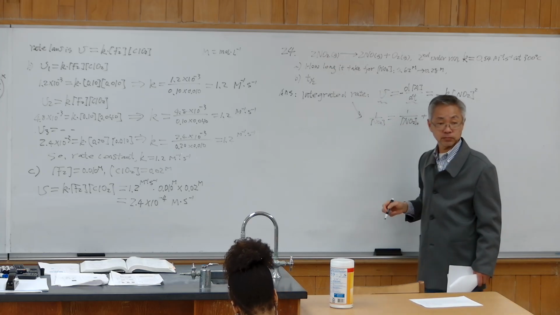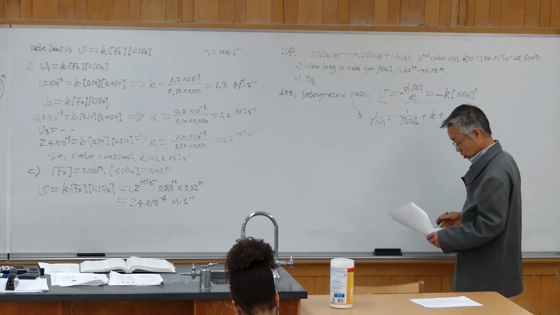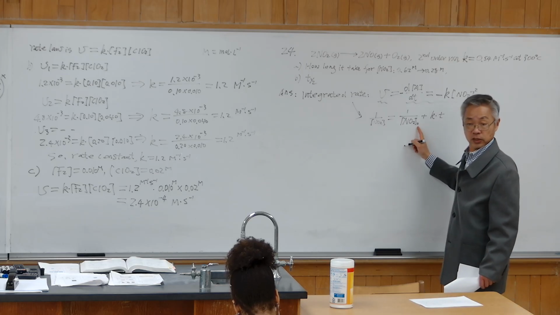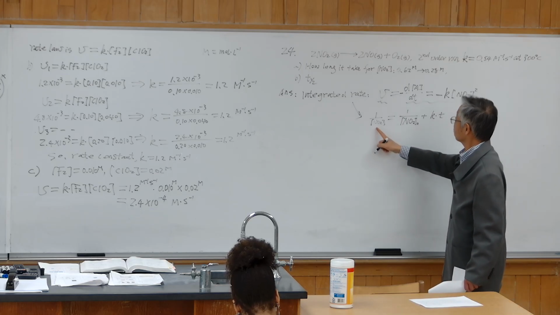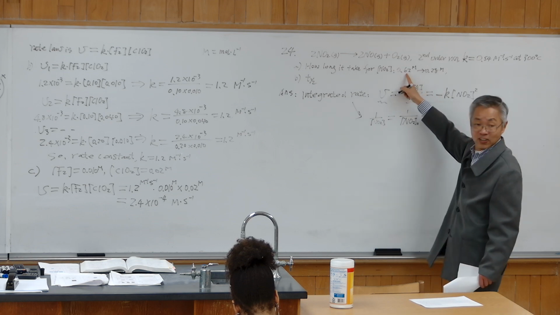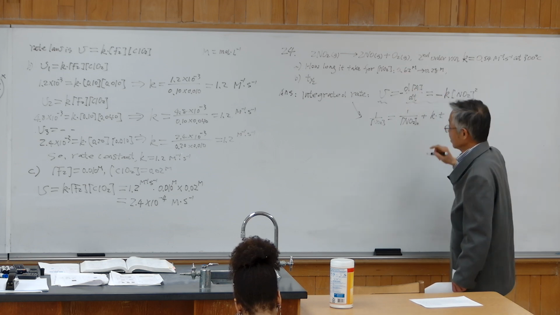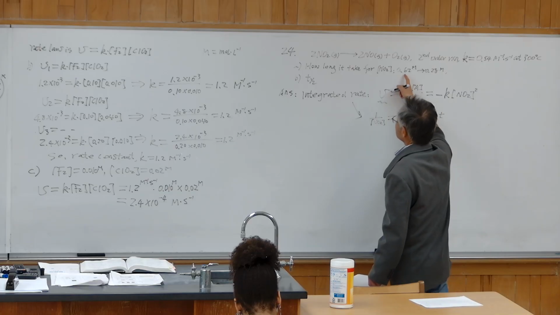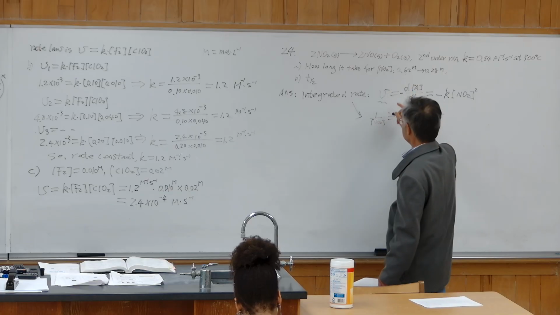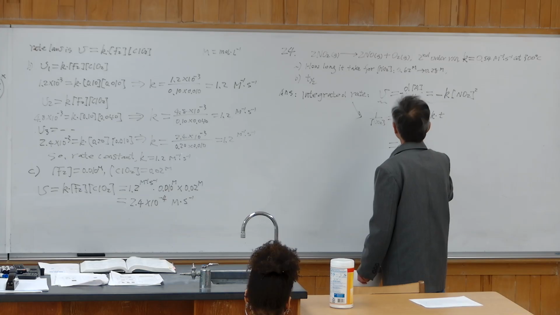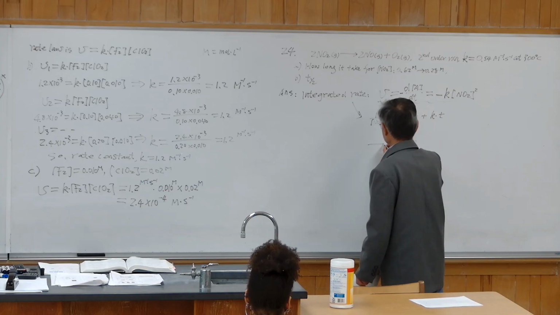Here is the integrated rate law for A. And this A0 means initial concentration. This is the final concentration. So this is initial, this is final. Okay. So we just plug in the numbers. Here is the initial concentration, 0.62. Final concentration, 0.28.